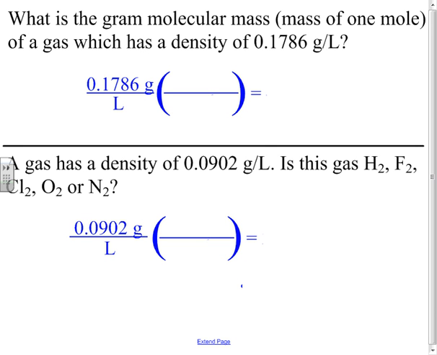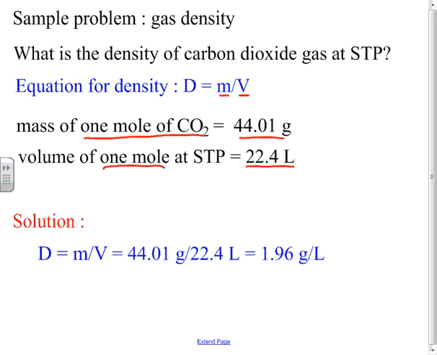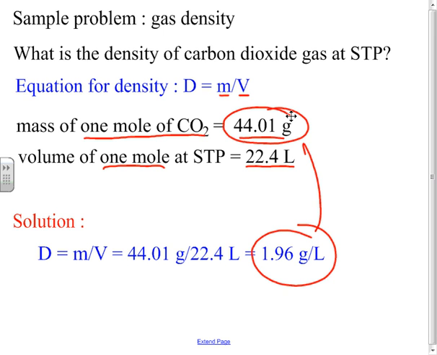If I asked you what is the gram molecular mass of a gas which has a density of 1.786 grams per liter, we're really just going in the opposite direction. Before, I gave you the molar mass and asked you to figure out the density. Now I'm giving you the density, asking you to figure out the molar mass.